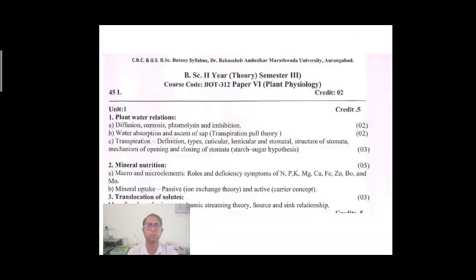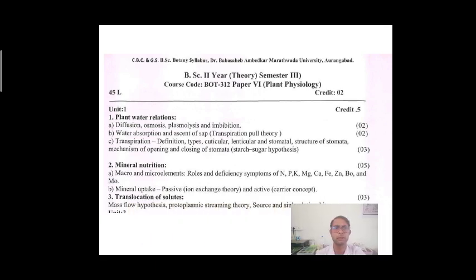Unit number 1 is plant water relations. Unit number 1 has 3 parts. The first part is plant water relation, the second part is mineral nutrition, and the third is translocation of solutes. These are the 3 parts included in the first unit.